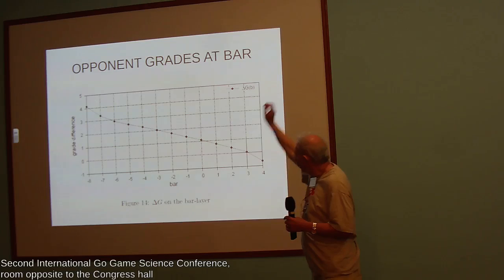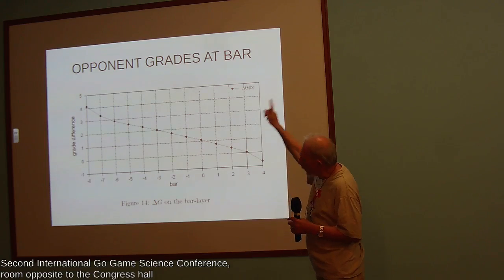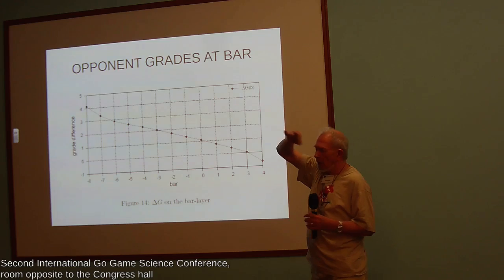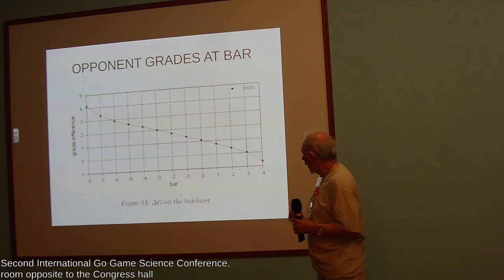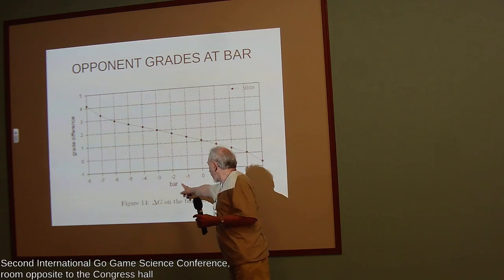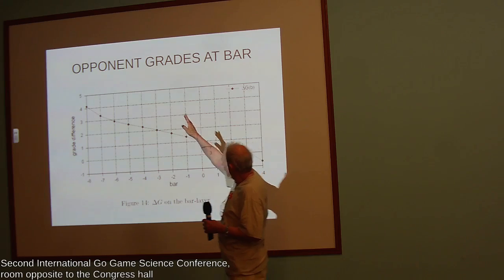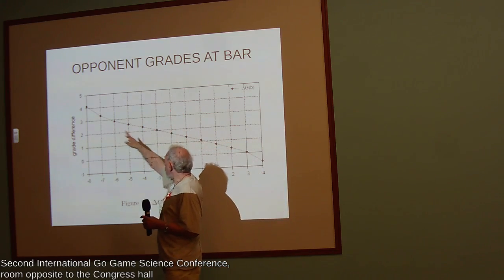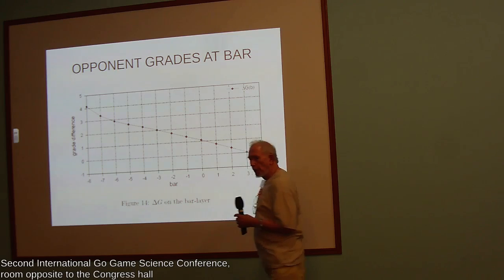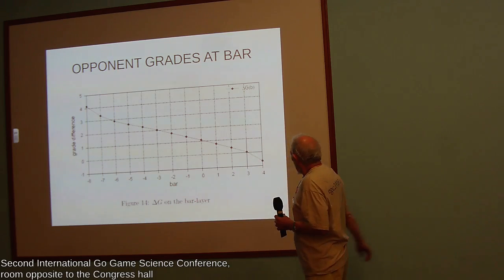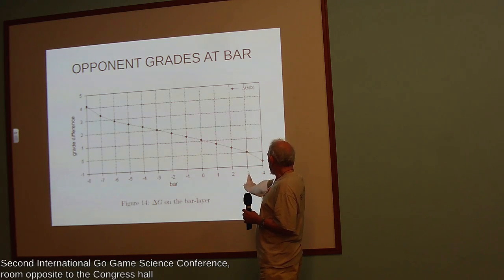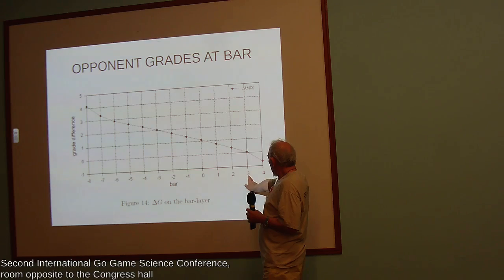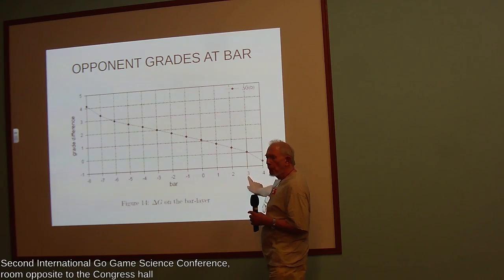So what I've got here is the opponent grade difference for the players at the bottom of the bar. And so we vary the bar along here, and you can see that the grade difference goes positive and then down to negative. And across the 0, this is the 0 line, at the value of 3.